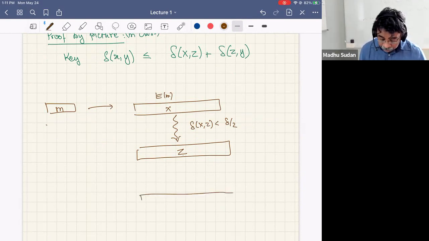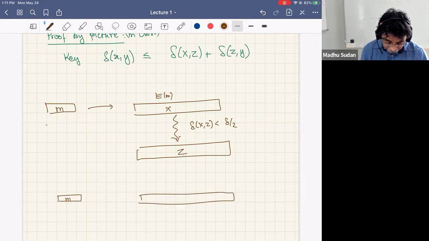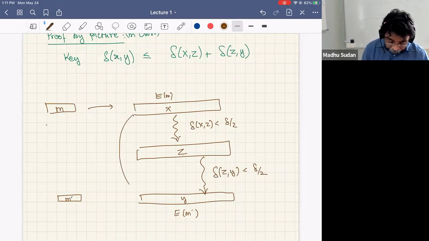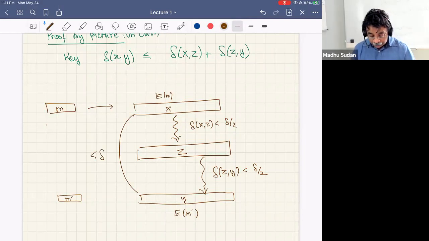Why? Suppose there is some other message, M prime, and its encoding of M prime is, let's say, Y. Suppose it turns out that this is also satisfying delta of zy less than delta over 2. What do we have? We have the distance between these two is less than delta. And this is the encoding of M, that's the encoding of M prime.